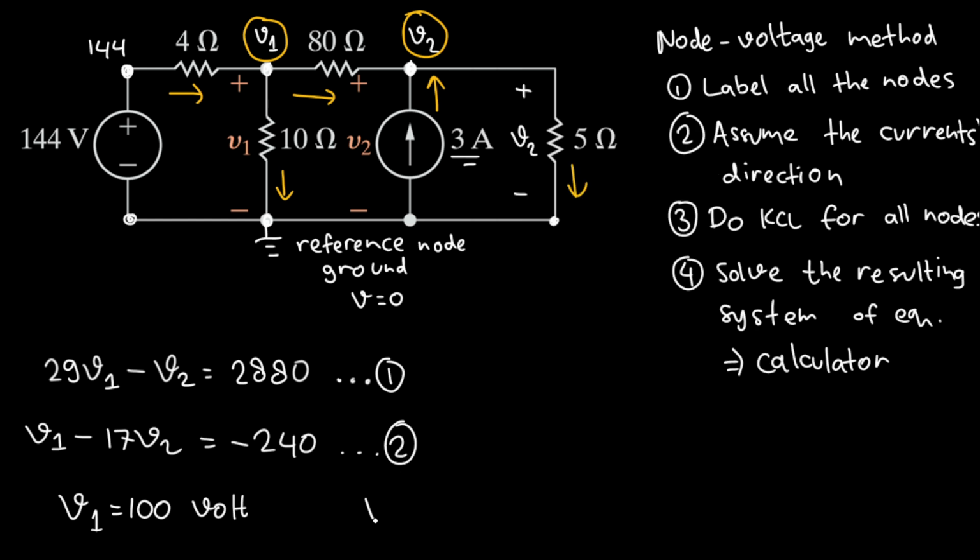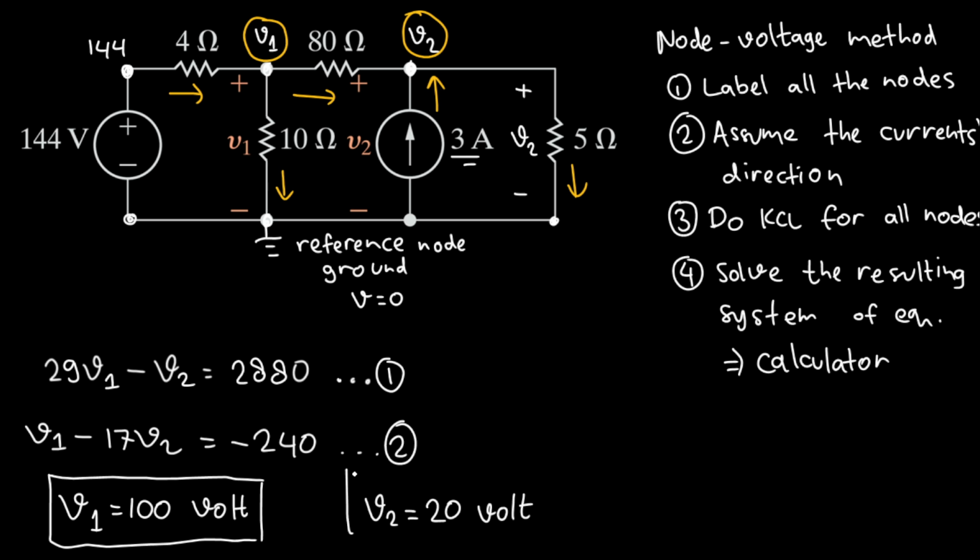Okay, so we will have V2 here is equal to 20 volt. And I think that is the final answer for this question, because we are asked about V1, which is this one here, 100 volt, and also V2 here, which is 20 volt.